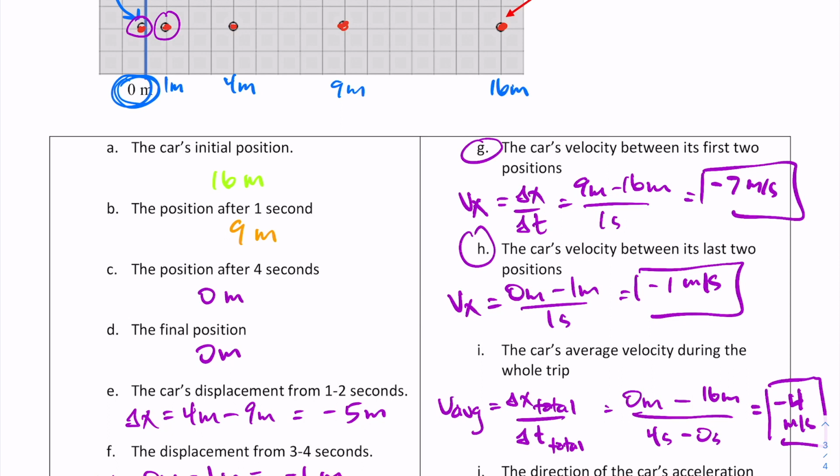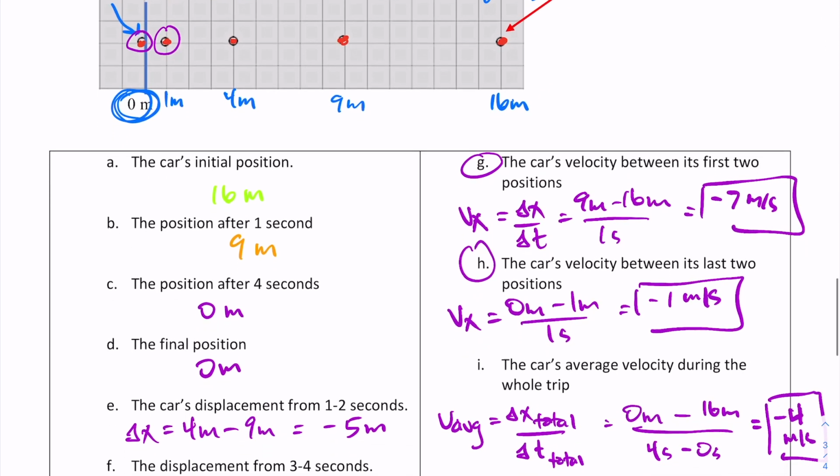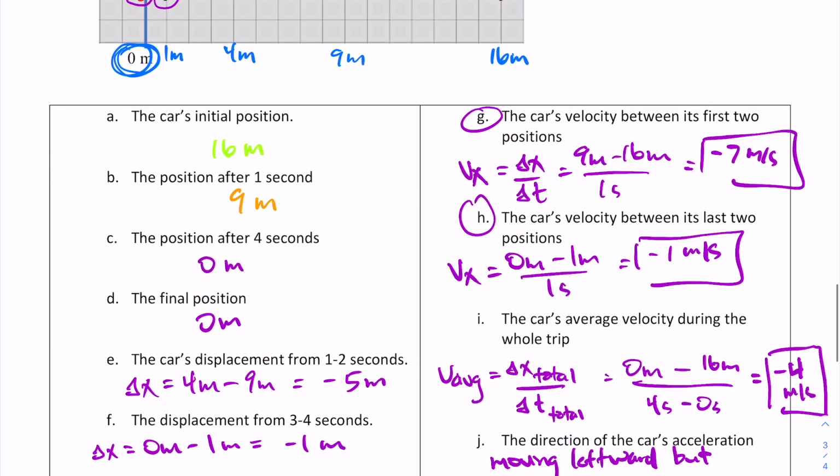Maybe the car is hitting some friction because it's on a bumpy ground, or maybe the car is hitting its brakes, but we can tell that those dots are getting closer and closer to each other. So as it moves leftward, it slows down, right?